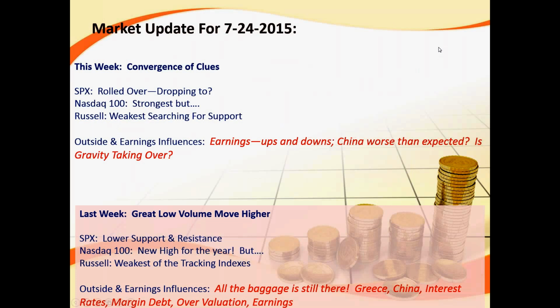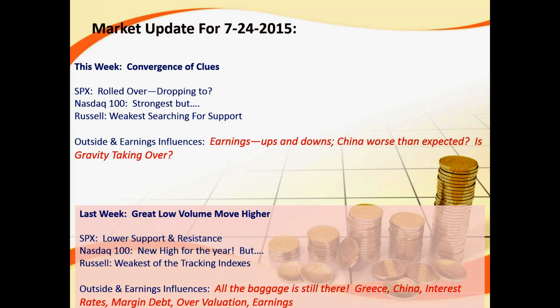We try. We try. And so what's going on in the market this week? We're getting a whole bunch of convergence of clues with respect to the market looking weaker than last week's move may in fact be turning out to be a big relief rally, but it's looking not much more than that right now.